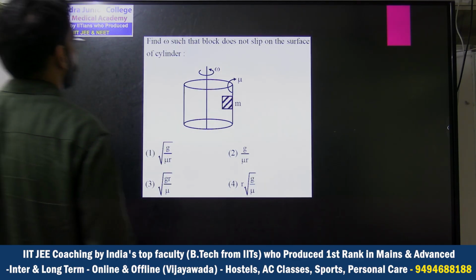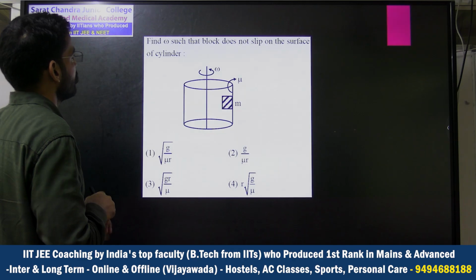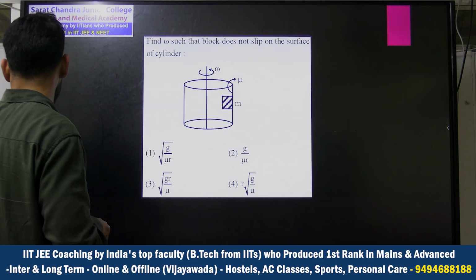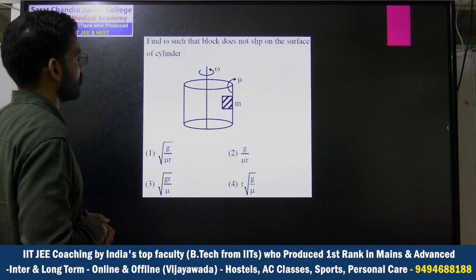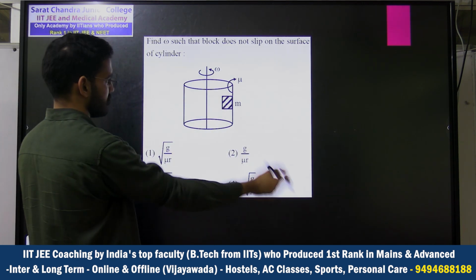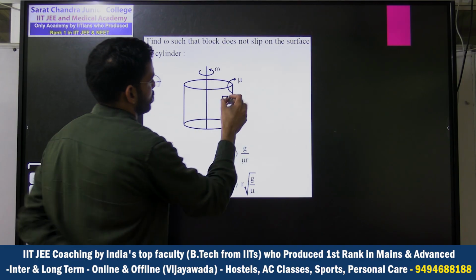Next, find omega. This is a very easy question. Find omega such that the block does not slip on the surface of the cylinder. So we have to find the minimum omega, obviously, because static friction is acting.